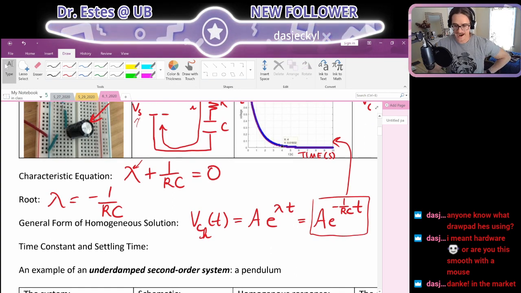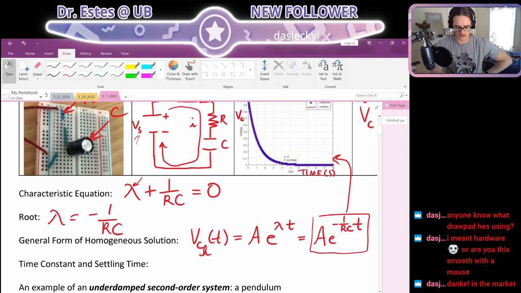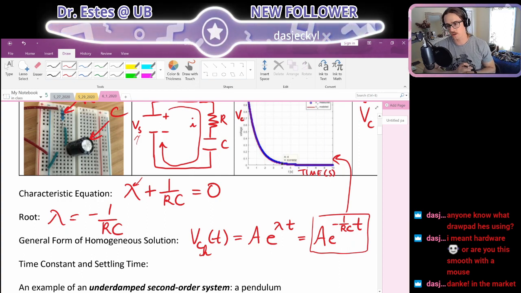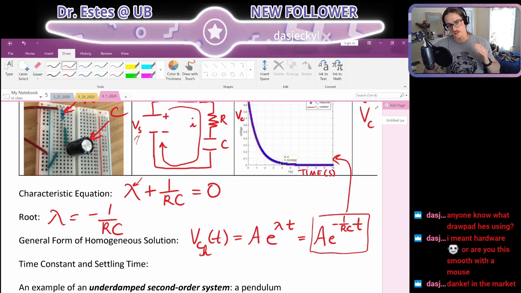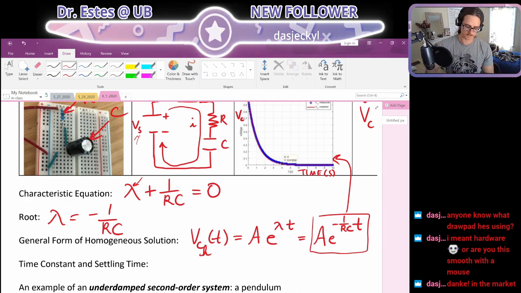Okay, the time constant. The time constant is a measure of how fast your system is. So in this case, it's a measure of how quickly this capacitor can charge or discharge. The time constant is always related to the real part of the root. Well, in this case, we just have a real number for the root.